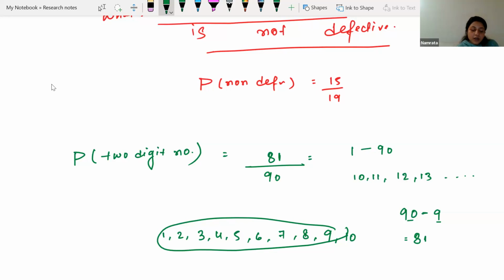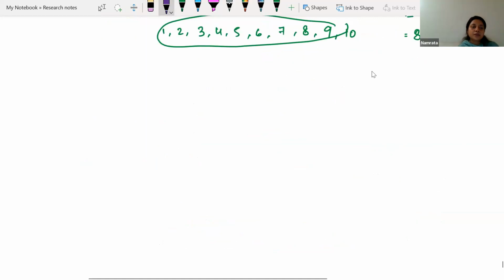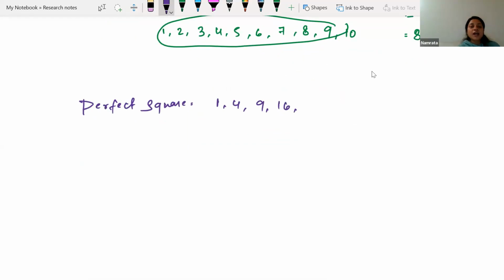Now, probability of getting a perfect square. What are the numbers which are perfect squares, lying between 1 to 90? Perfect square numbers are 1, then 2 squared is 4, 3 squared is 9, then 4 squared is 16, then 5 squared is 25, 7 squared is 49, 8 squared, 10 squared is 100.